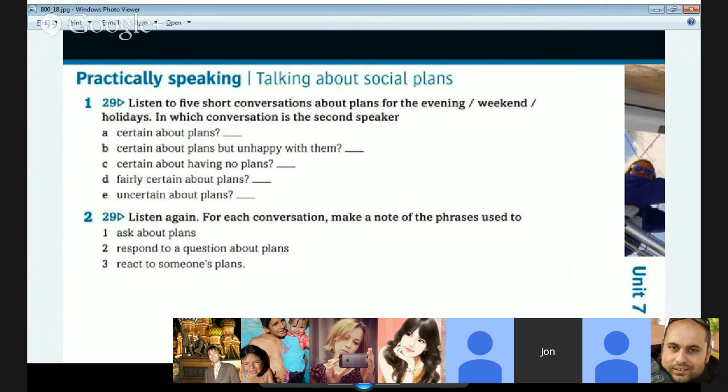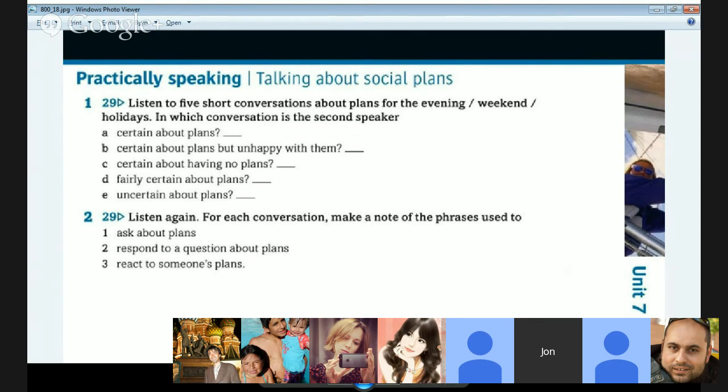Conversation 1, person A and person B. Person A says, "What have you got on this weekend, Alex?" Person B, "Well, I'm supposed to be helping a friend move house." Person A, "Oh, poor you." Conversation 2, "What are you up to tonight?" Person B, "We'll probably catch a movie." Person A, "Sounds good." Conversation 3, Person A, "Are you taking any time off in the summer?"